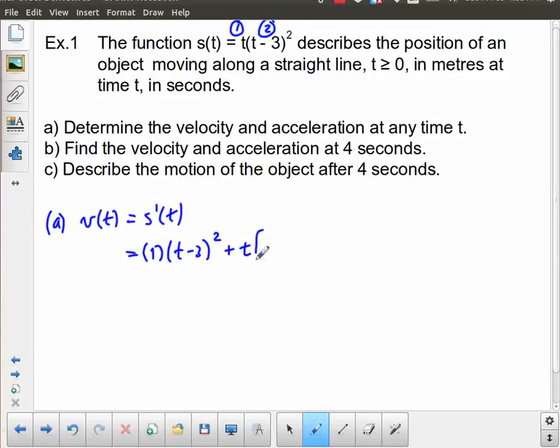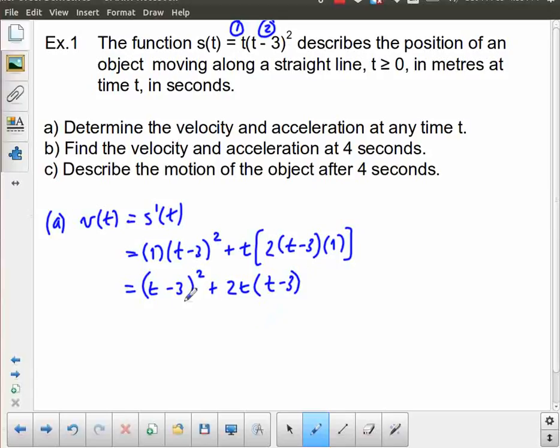So the derivative of the second is going to be 2 times the bracket without changing it, multiplied by the derivative of what's inside the bracket, which in this case turns out to be fairly simple. It turns out just to be 1. So let me clean that up before I do anything further. So that's just (t minus 3) all squared, plus 2t times (t minus 3).